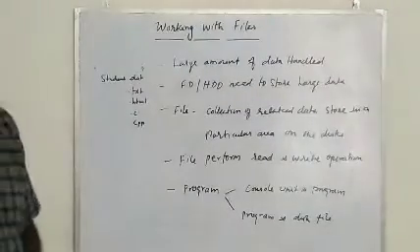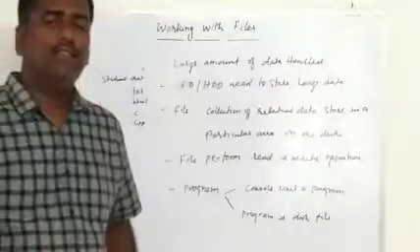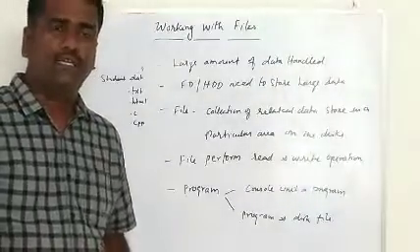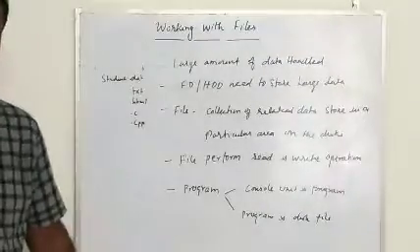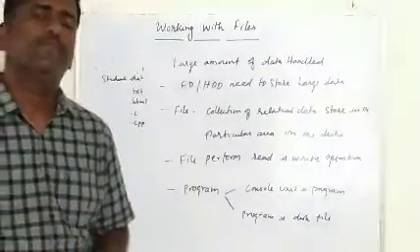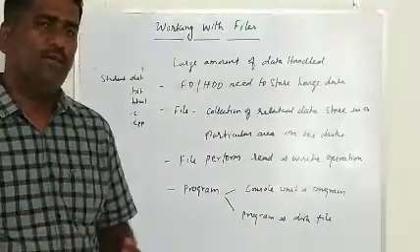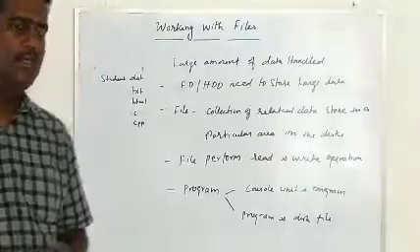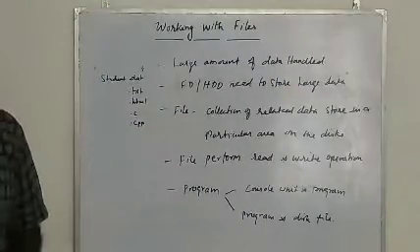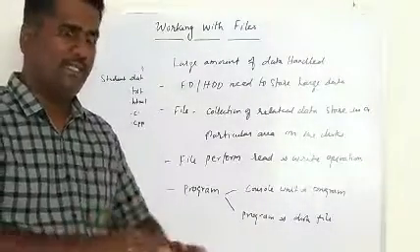Working with files. Today we handle a huge amount of data to perform various operations, but we need to store the data in memory. For that purpose we use secondary devices, called floppy disk and hard disk, which store large volumes of data.